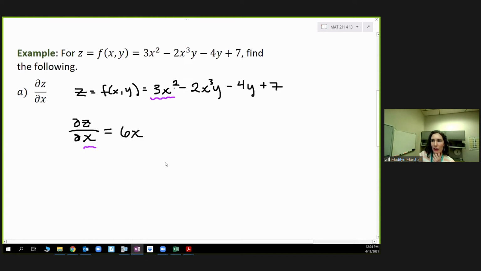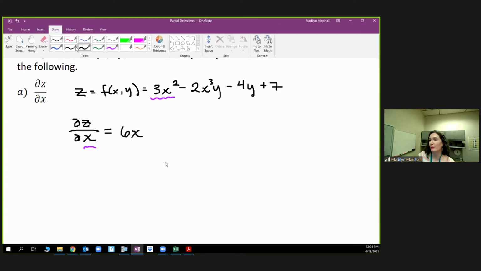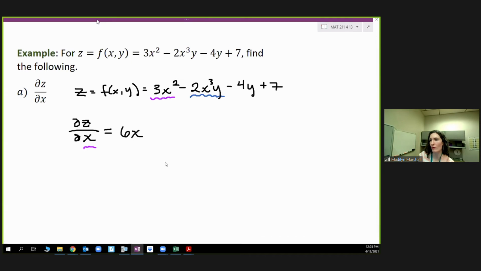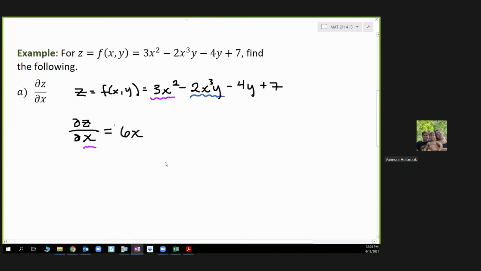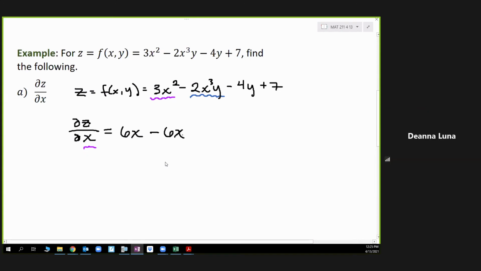So that was the derivative with respect to x for that term. This next term, 2x cubed y. Would that also be 6x? 6x squared, right?